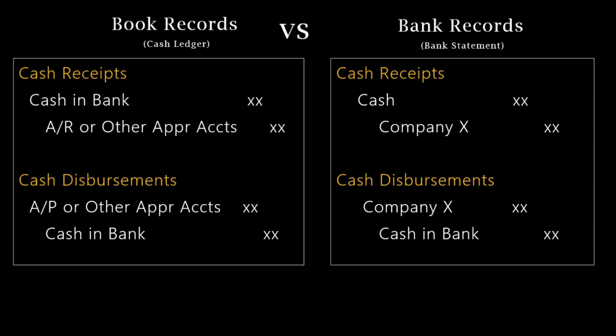Now, take note class that itong cash ledger na to, ideally, knowing that we are implementing the imprest system na lahat ng collection natin will be deposited intact to the bank and lahat ng disbursements natin ay through issuance of check, dapat kung ano yung record na meron tayo per cash ledger sa entity, dapat yun din yung magre-reflect doon sa ating bank statement, which is a record of the bank.